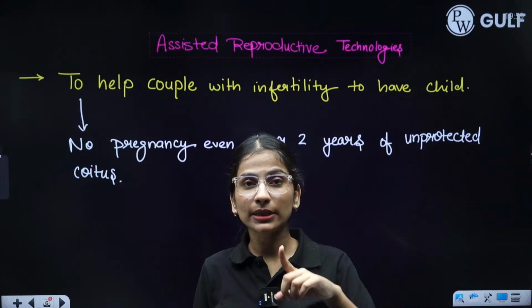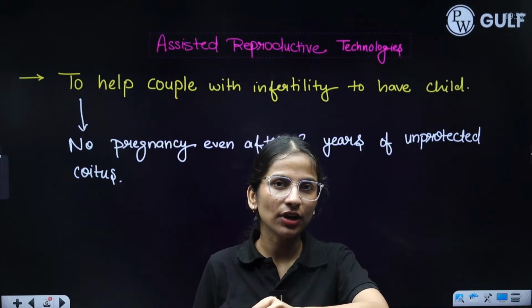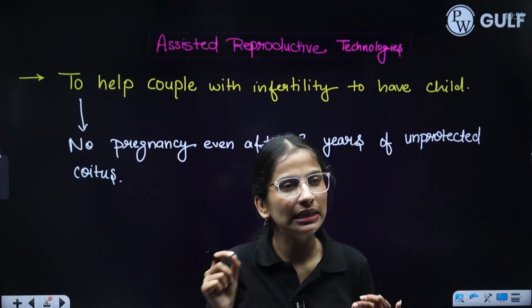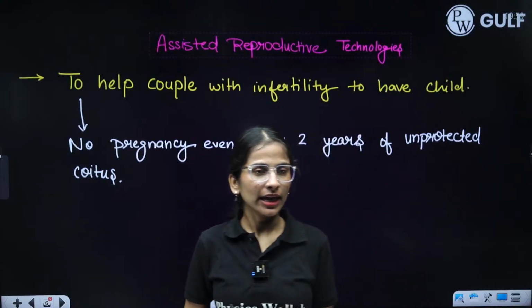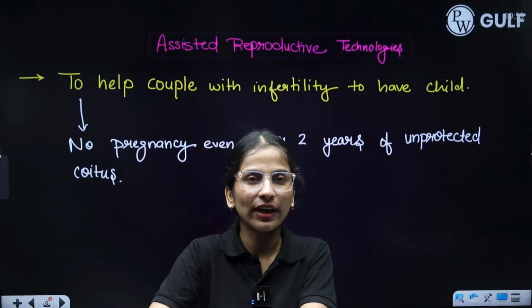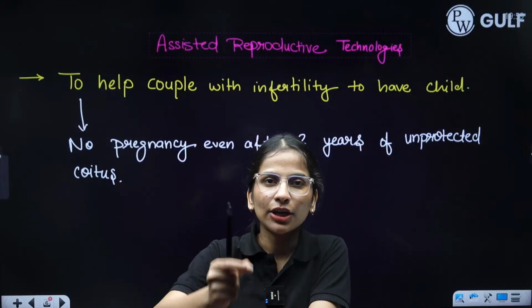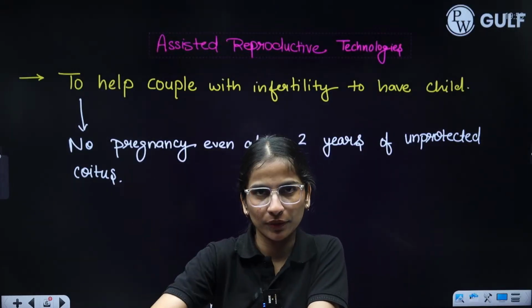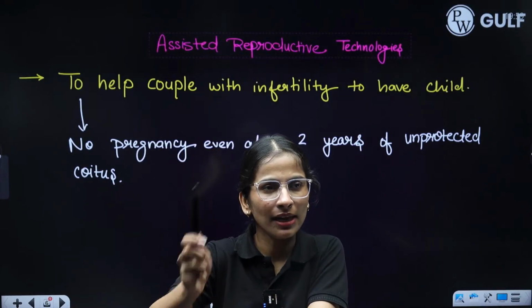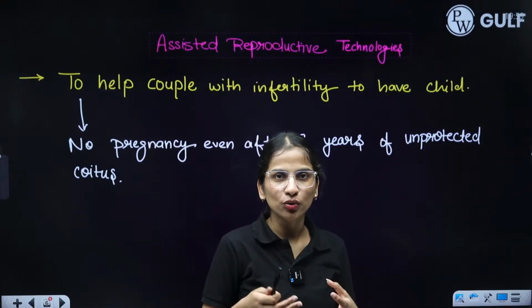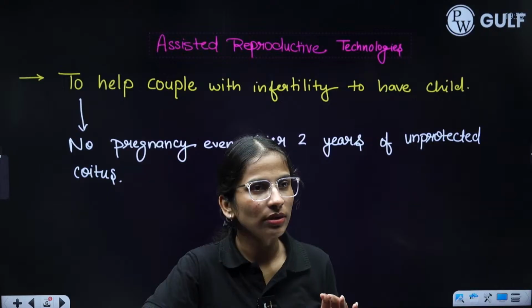But if there is no contraception and the couple wants to conceive, yet even after 2 years or more they are not able to, then that would be termed infertility. Infertility can be caused by physical, psychological, immunological, or any kind of reasons in either partner. Any kind of issue with either the female or the male partner can cause infertility.